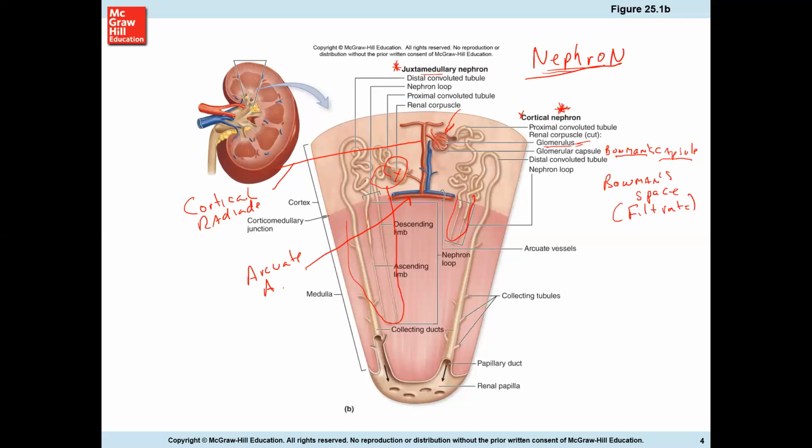Makes sense, cortical radiate artery. Now, it's hard to see here, but there's an artery bringing blood into the glomerular capillaries via the cortical radiate artery. And that's called, this is really important, it's called the afferent arteriole.